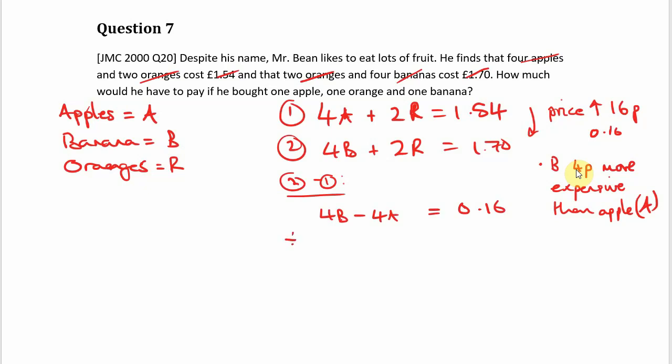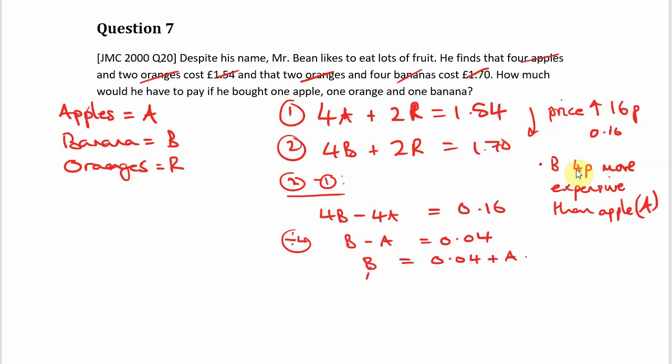And then I'm going to divide by 4. So b minus a equals to 0.04. You can see my 4 pence is starting to come into it now. So a banana equals to 0.04 plus a. So a banana equals the cost of an apple plus 4 pence. So a banana is 4 pence more expensive than an apple.